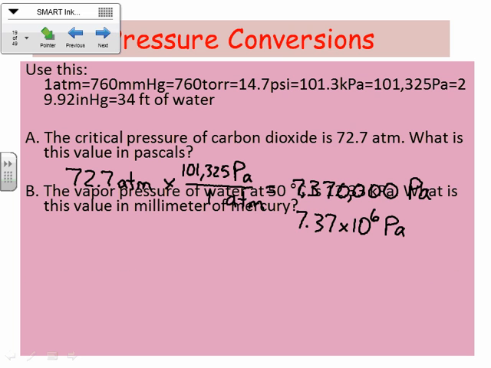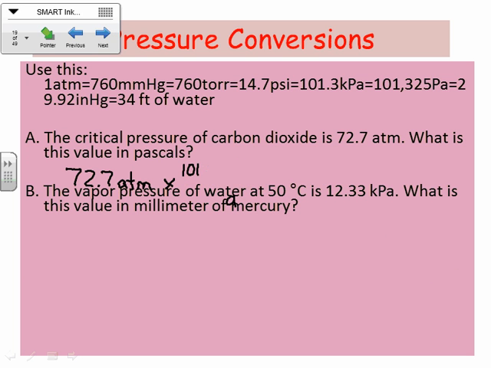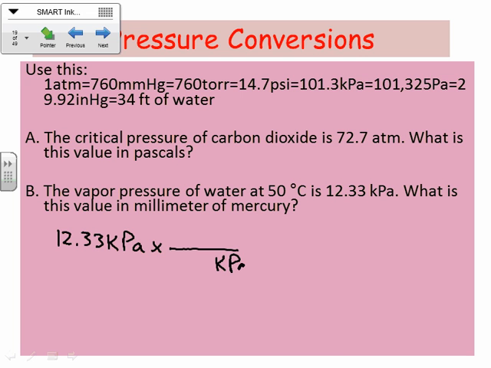Next one here. I'm going to have to erase this now. Vapor pressure of water at 50 degrees is 12.33 kilopascals. What is this value in millimeters of mercury? Okay, so this time we've got 12.33 kPa. Kilopascals goes on the bottom.